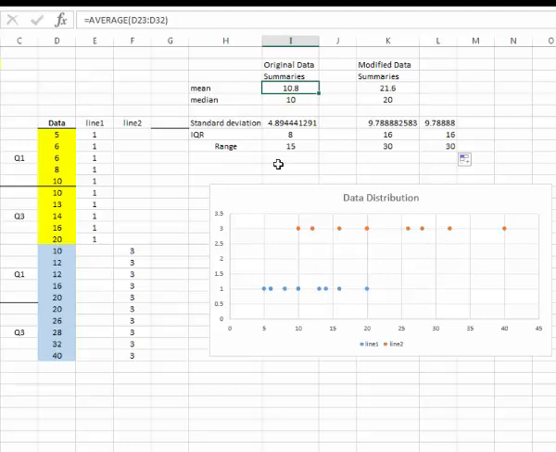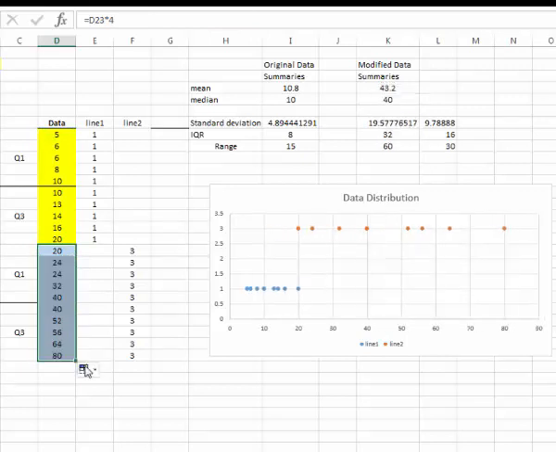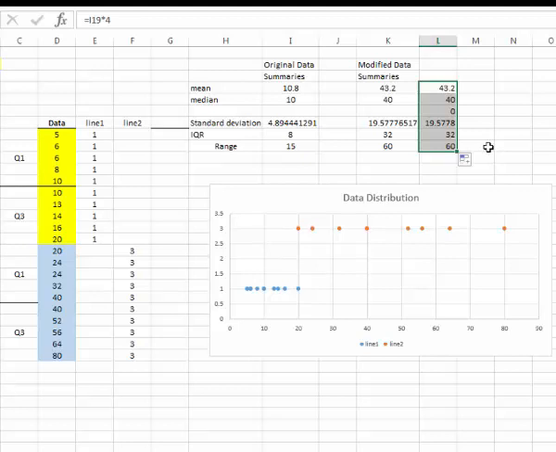If I come over here and multiply everything by 4, to get the new summaries, all I have to do is go to the old ones and multiply by 4. Again, you can see now the spread has changed by a factor of 4.